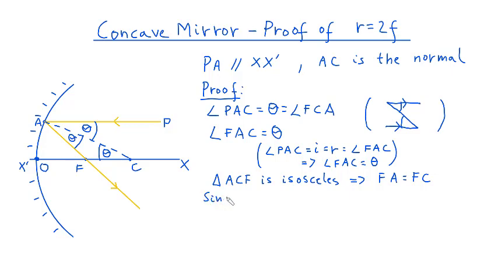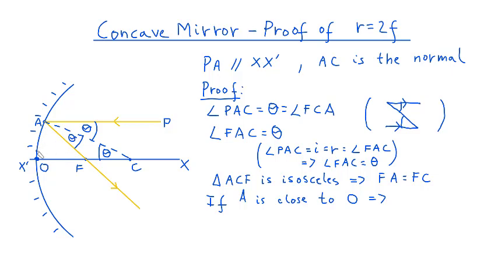If A is close to O, what this implies is that FA will be almost equal to FO.